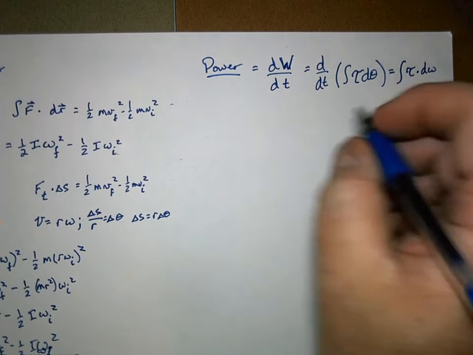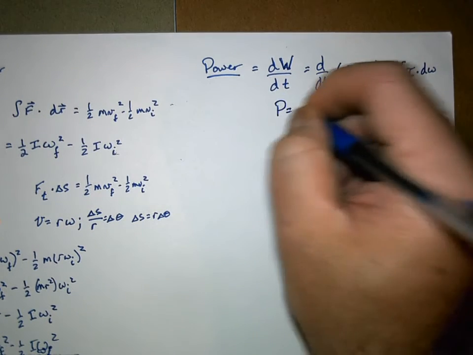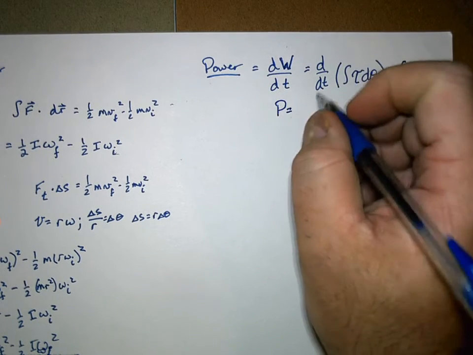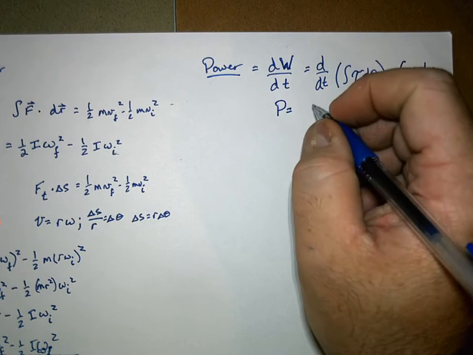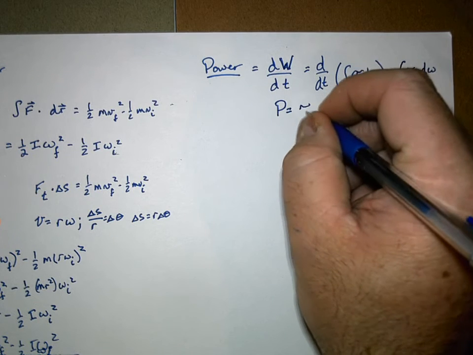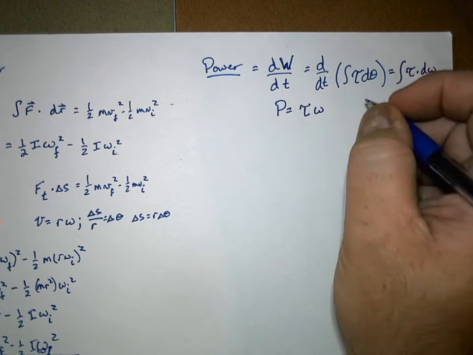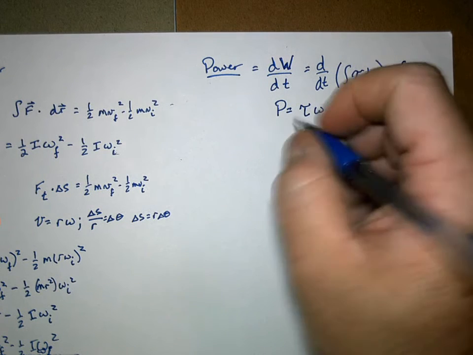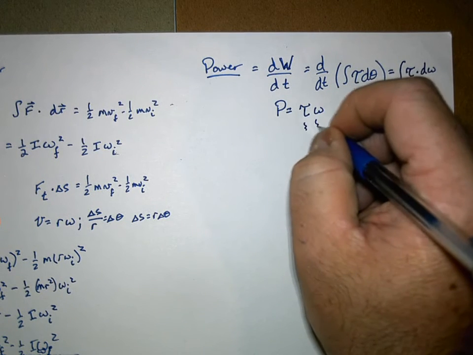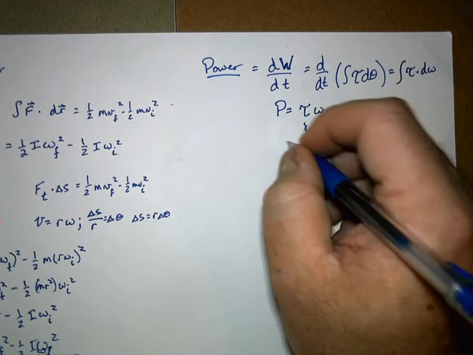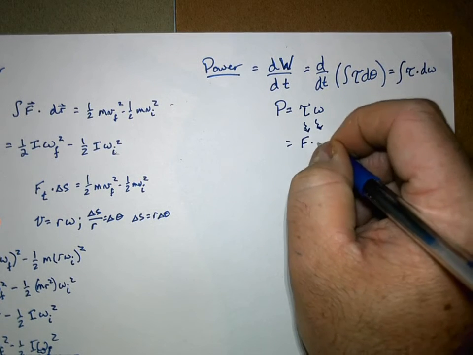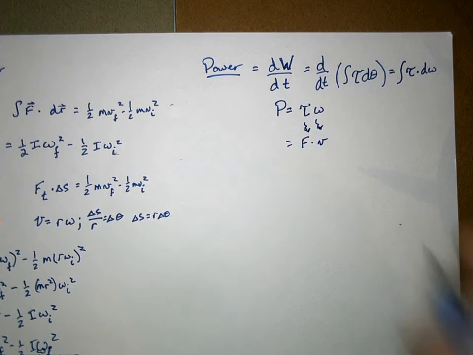So power is tau omega, which is the same thing as force times velocity if we're dealing with straight line stuff.